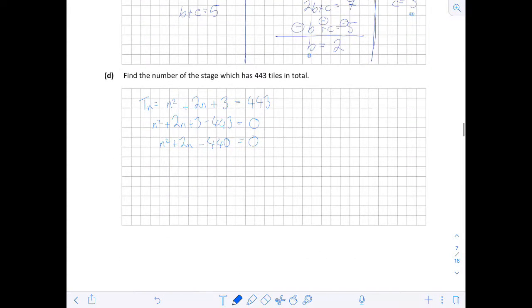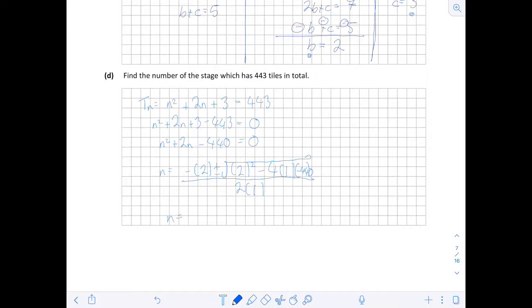Now, to solve this, I'm going to use the quadratic formula. So n is equal to minus b plus or minus the square root of b squared minus 4ac all over 2a. So that's b, which is 2, a is 1, and c is minus 440.